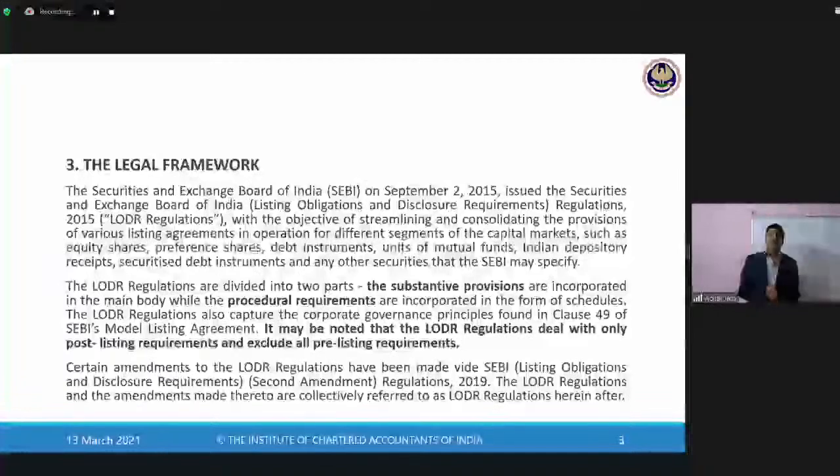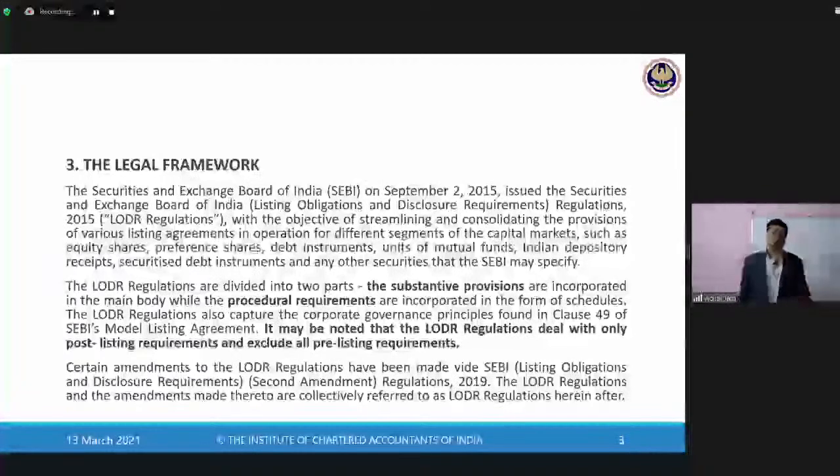Similarly, there is another regulatory authority. What is that? SEBI. So SEBI also requires certain compliances. SEBI has also got its rules and regulations. Now those regulations are applicable to the listed companies, because SEBI is all in respect of the listed entities.